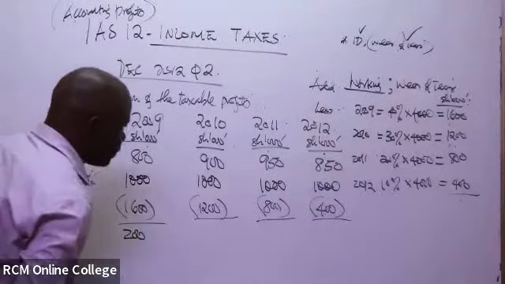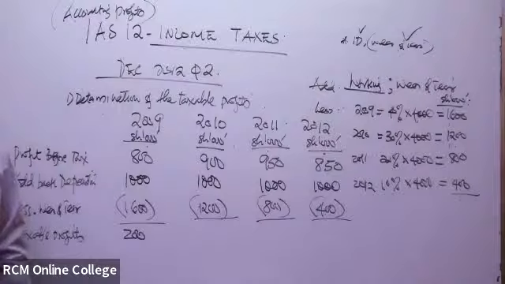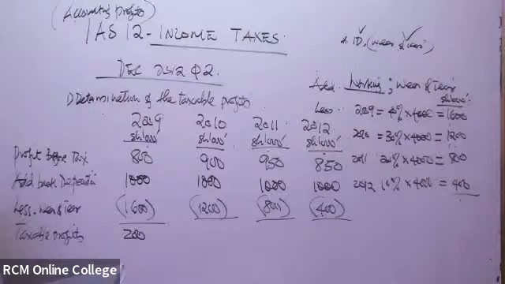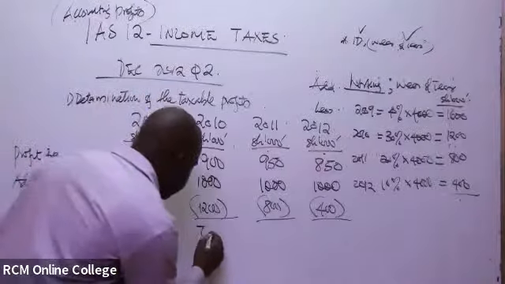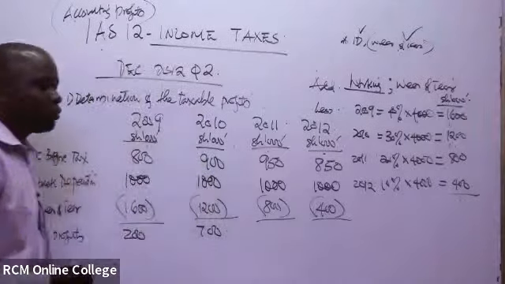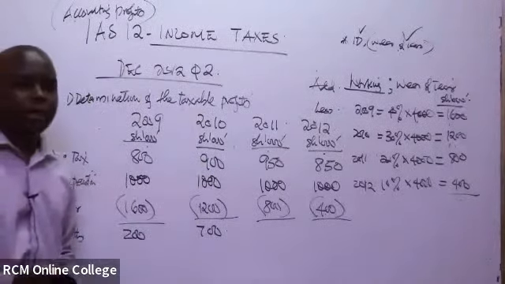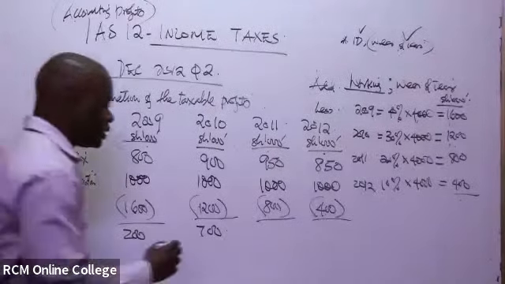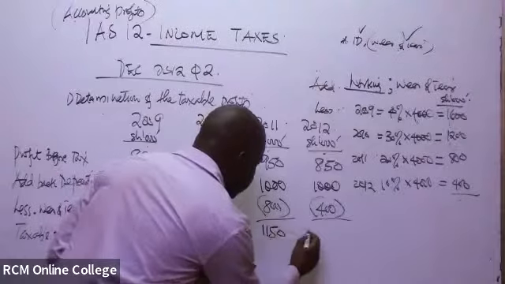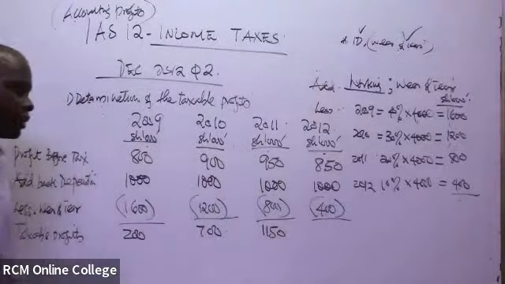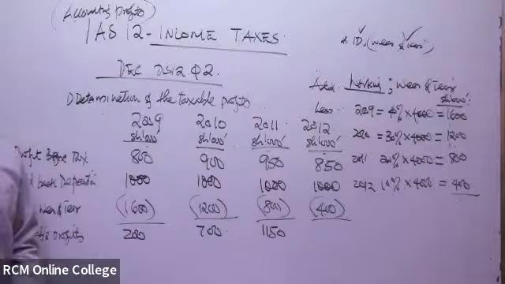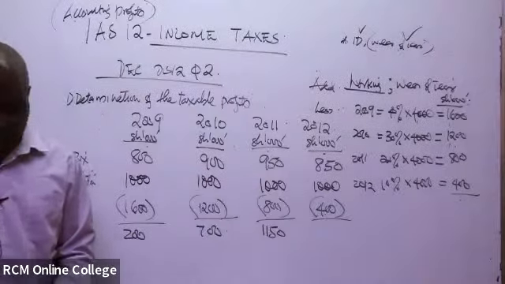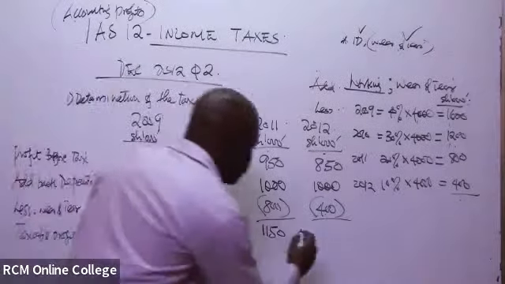The second one is 700. The third one is 1150. And of course, the very last but not least, 1450.